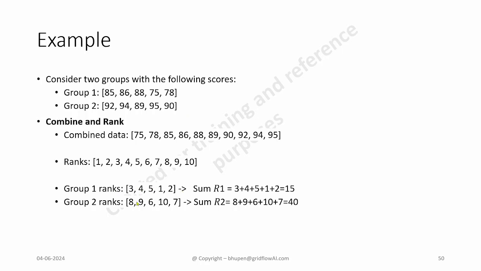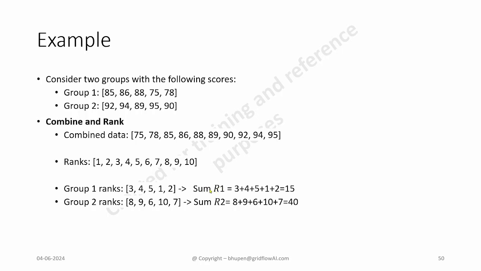Now you notice we are not using the raw data for computing this statistic. We are using rank instead. So there is another abstraction on top of the raw data, called the rank data, and we use the rank data to compute the U statistic.